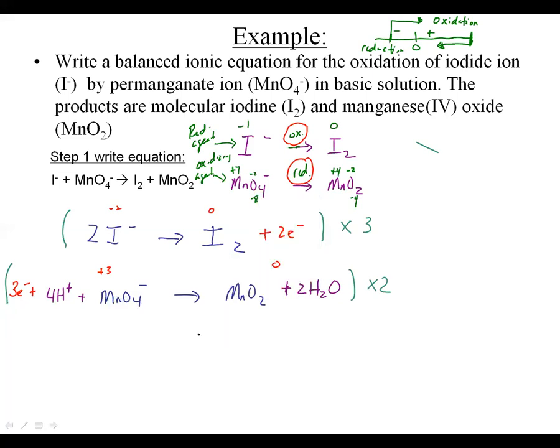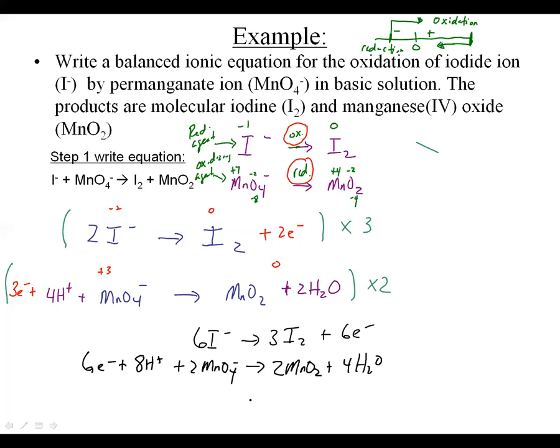And if we do that and rewrite everybody here, we will end up with 6 I minus goes to 3 I2 and 6 electrons. Bottom guy will go 6 electrons plus 8 H pluses plus 2 MnO4 minuses goes to 2 MnO2 and 4 waters.